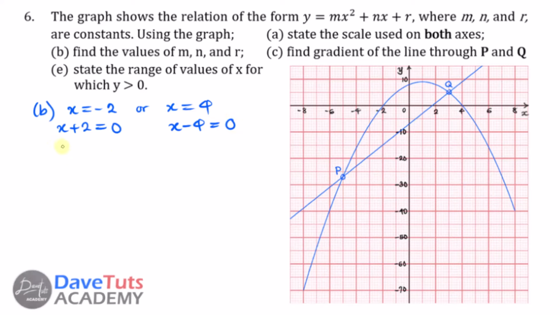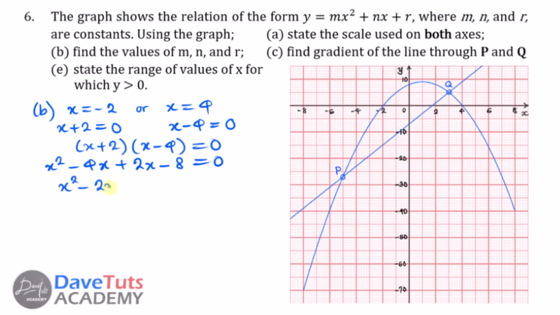Now these two we can combine together to say we have x plus 2 multiplying x minus 4, and that product will be 0, such that if you open the bracket, we have x squared, then x multiplied by -4 is -4x, 2 multiplied by x is 2x, 2 multiplied by -4 is -8, that is 0. And if we simplify, we have x squared minus 2x minus 8 is equal to 0.